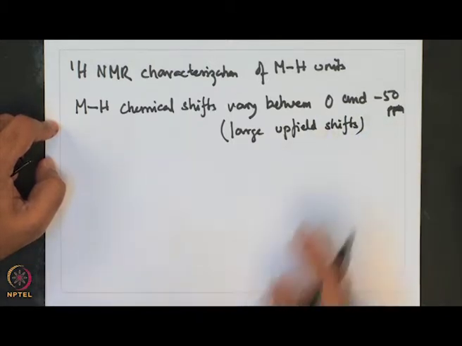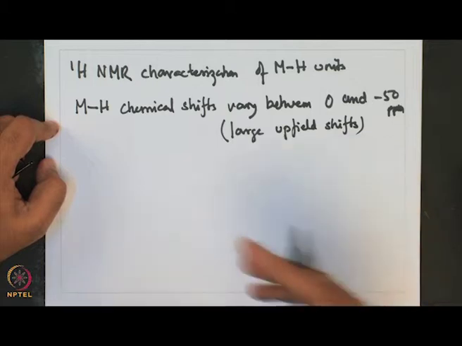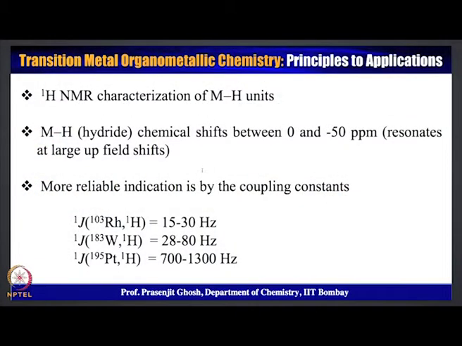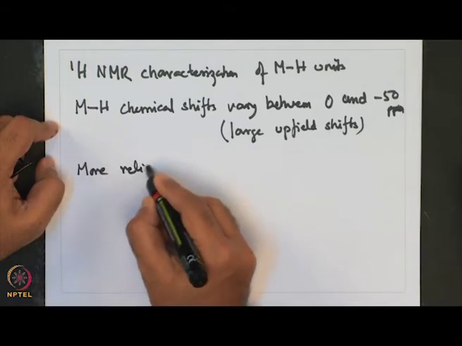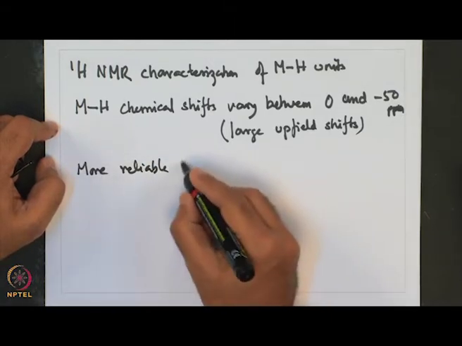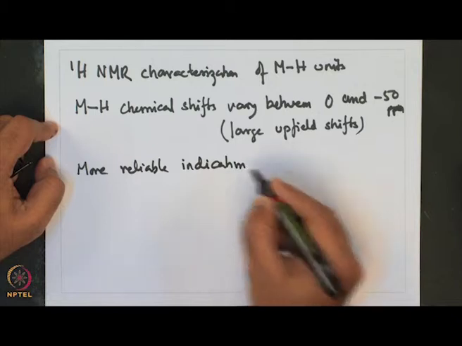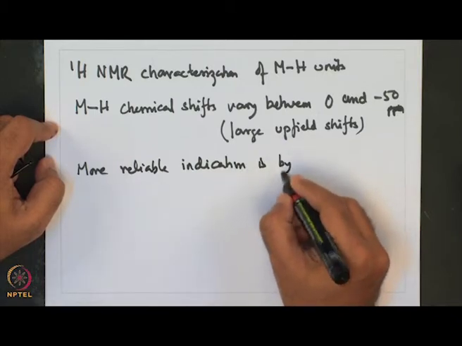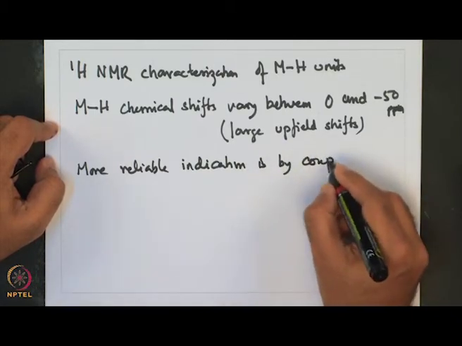And apart from the chemical shift, which is highly upfield shifted, coupling constants are also a useful indication, or reliable marker, for the characterization of MH units. So, a more reliable indication is by coupling constants.